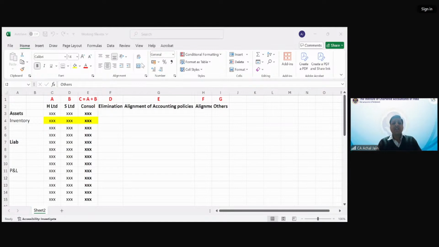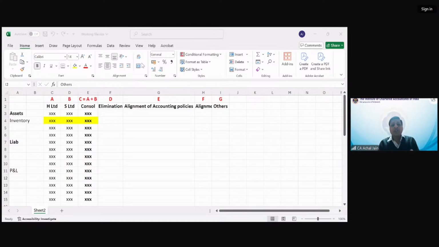Bhavna is asking, sir, alignment of accounting policies means adjustment in the method of recording of transaction. See, alignment of accounting policy means that for two companies, holding and subsidiary, the accounting policy should be the same. And how will you do that?